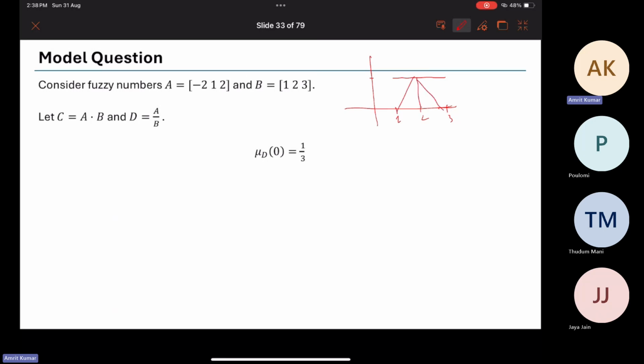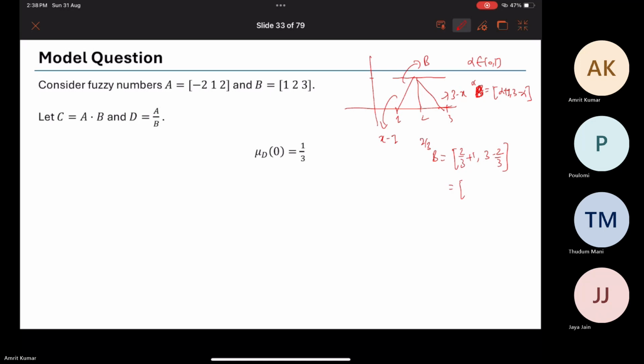So this is our triangular fuzzy number B. This is x minus 1 and this is 3 minus x. Therefore, the alpha cut of B for alpha greater than 0 would be alpha plus 1, 3 minus alpha. So sorry, this is beta, so the 2 by 3 cut of B. I'm just glossing this step over because I hope you know how to do that. I just found the alpha cut of B, and then to compute the 2 by 3 cut of B, I'll simply put 2 by 3 here.